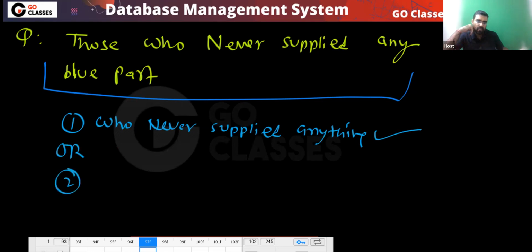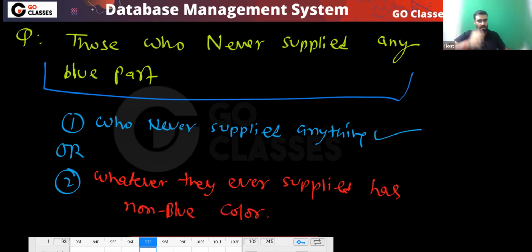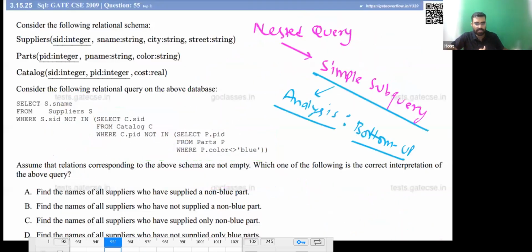Or whatever they ever supplied has a non-blue color. Yes or no? Correct or not? Whatever they ever supplied has no blue. So either these people or these people. So what should be the correct answer for this?